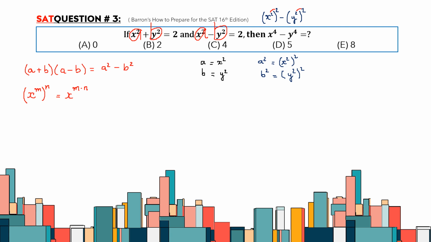Now, based on the first equations, we have x squared plus y squared. If we multiply by x squared minus y squared, that will be equal to x squared squared minus y squared squared.